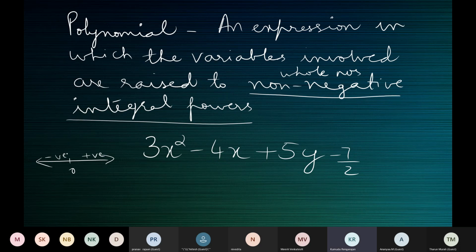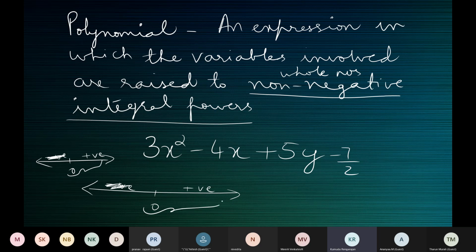When we say non-negative, it means it's not negative. That means what is remaining? 0 and positive values.